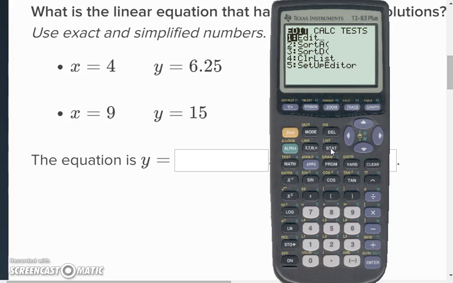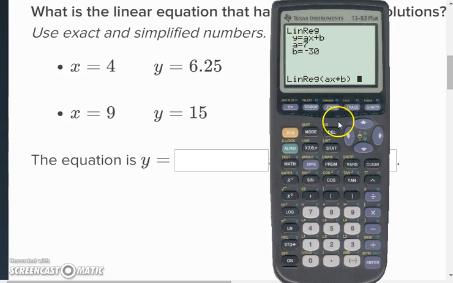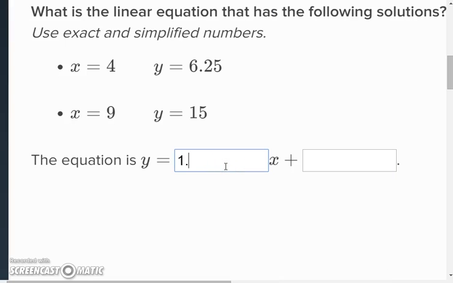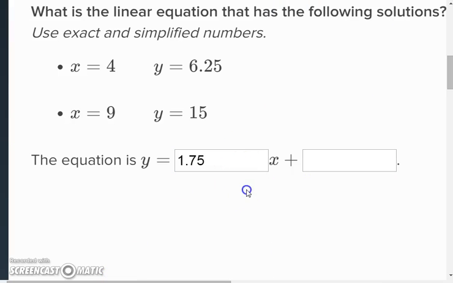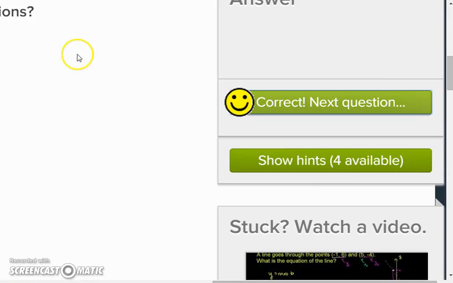That's STAT. Now I don't need to edit again, I need to calculate. I'm going to calculate, either scroll down to option number 4, or you can hit the number 4. And yes, I know that it hasn't done anything yet. I have to push enter for it to work. So the number in front of the x, the slope, is 1.75, and the number that's by itself is negative 0.75. Alright, so that's the easy way to do those.